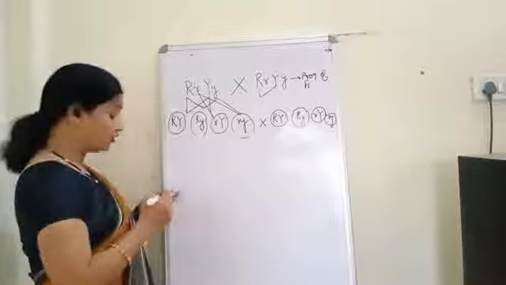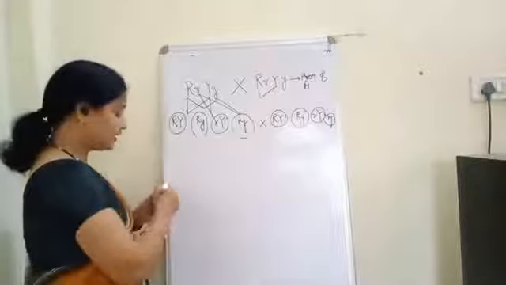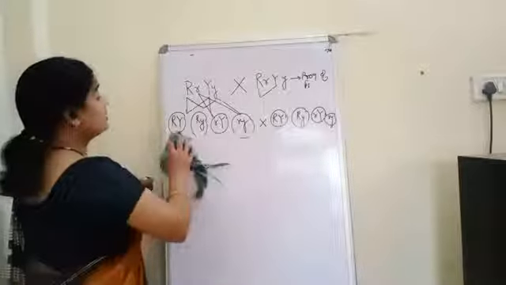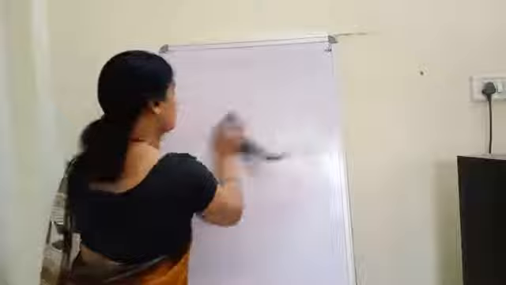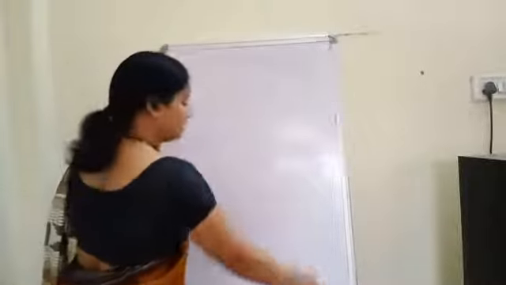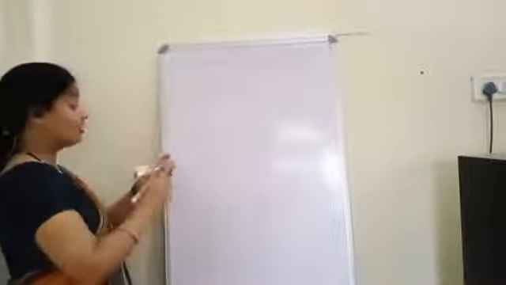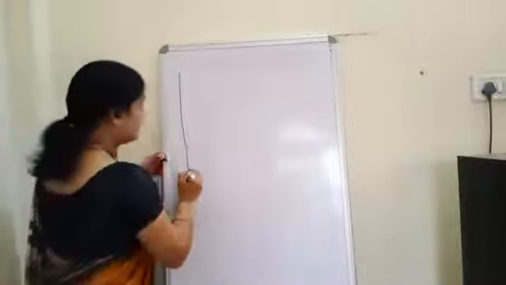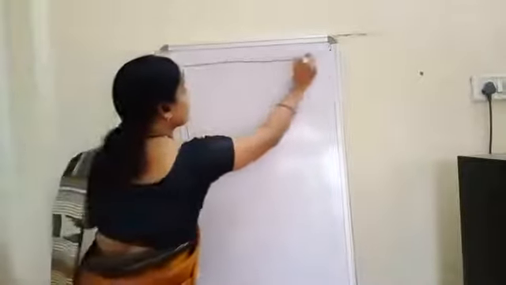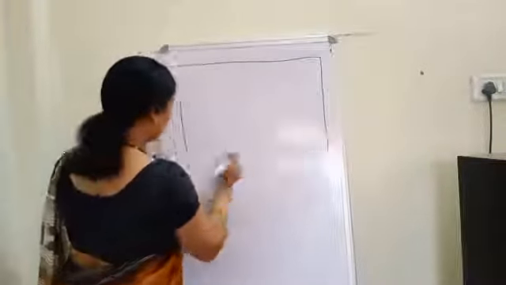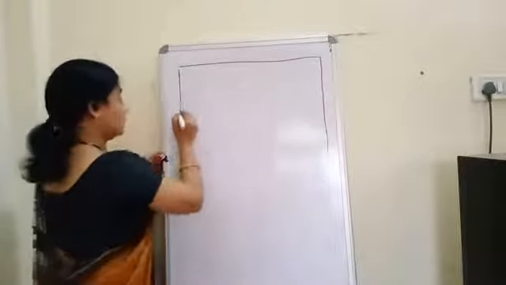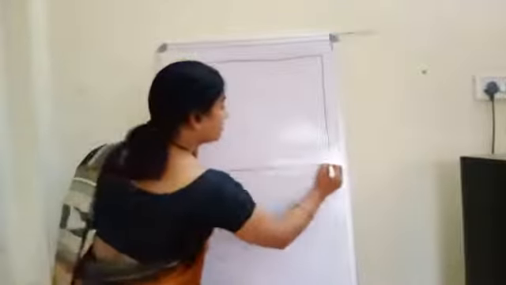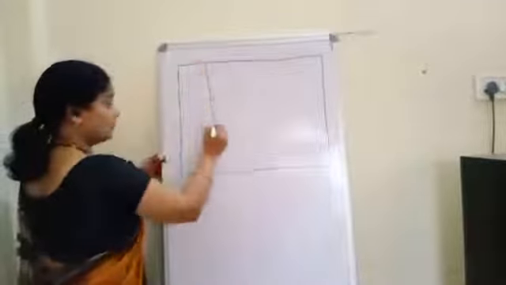Now just to see their cross, we have to make a checkerboard, because simple crossing is not possible now, as we have varieties of gametes. Now see, I am preparing it here. At the same time, children, you should take out your notebook and do the same cross, so that it may become easy for you.